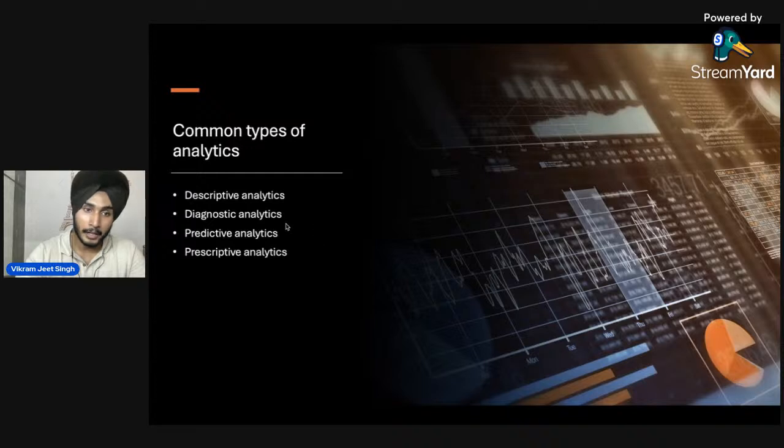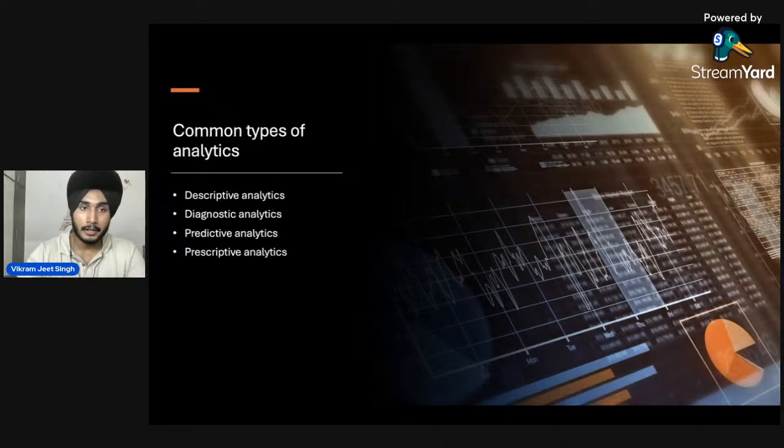The other two, predictive analytics and prescriptive analytics, come under the data science space because we are building models in them. We will not be discussing these two types because I am proficient with the descriptive and diagnostic ones, so I'll focus completely on those.